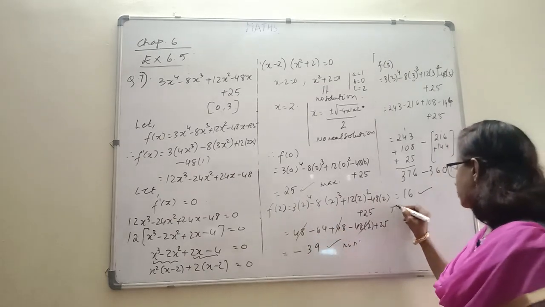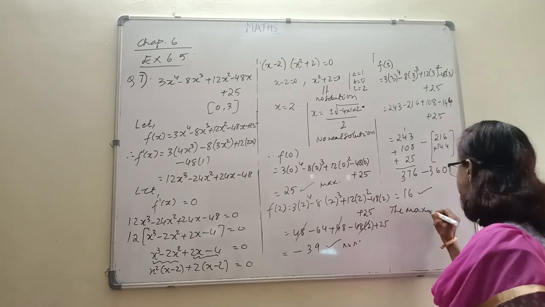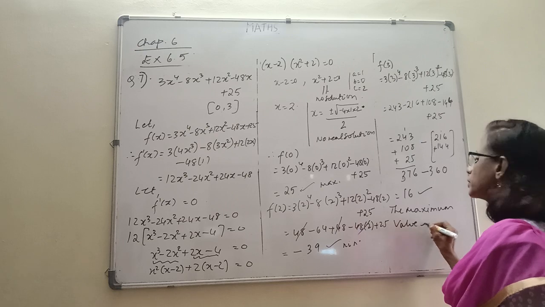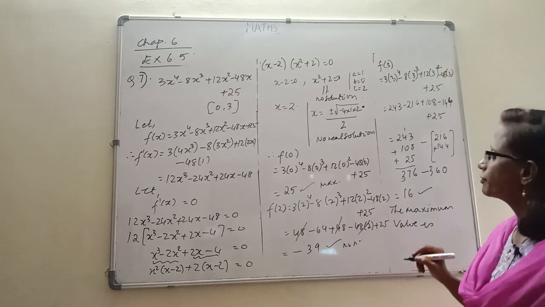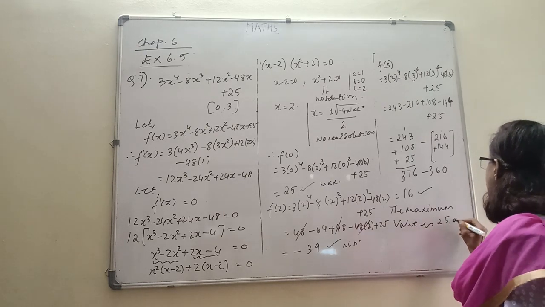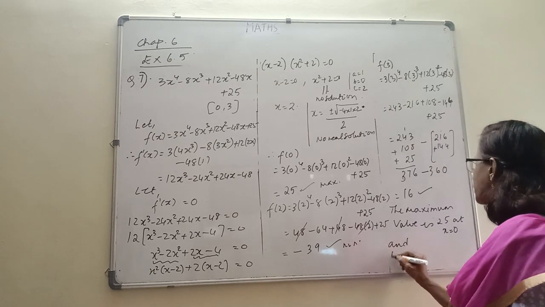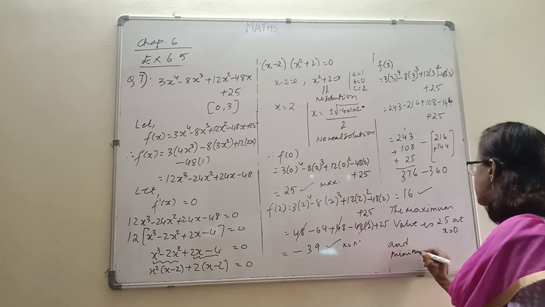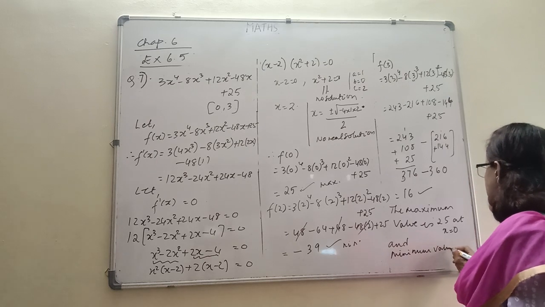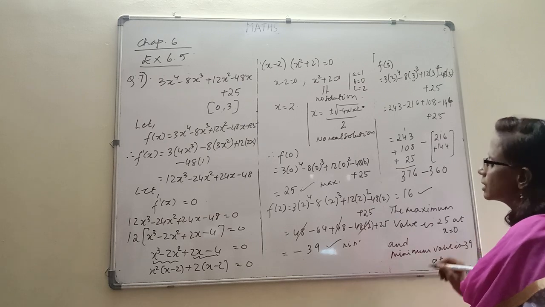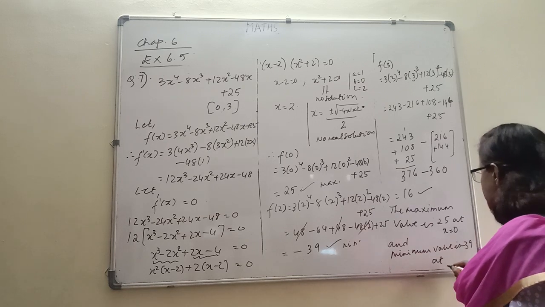So the maximum value is 25 at x equal to 0, and the minimum value is negative 39 at x equal to 2.